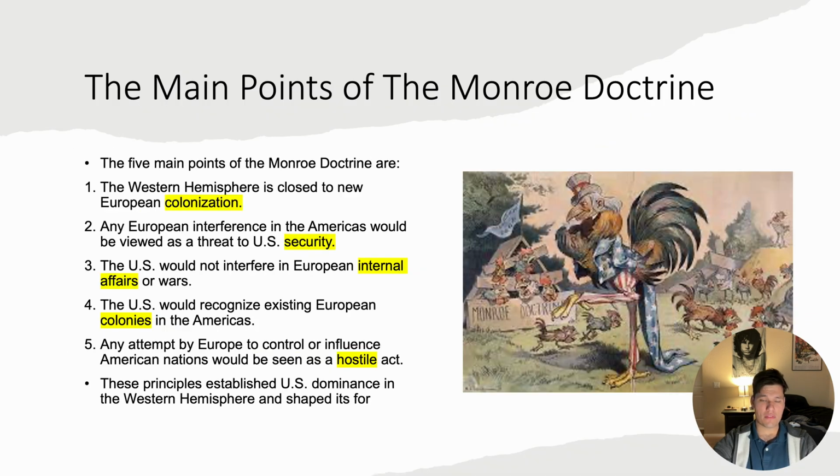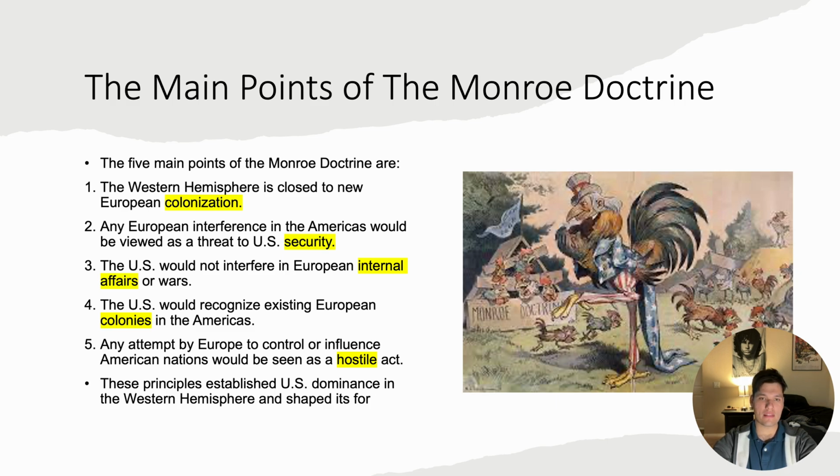Now we're talking about the 5 main points that I provided you guys, which is concerning the Monroe Doctrine. The first one being the Western Hemisphere was closed to new European colonization. Number 2 being that any European interference would be seen as a threat to U.S. security. The third one being the U.S. will not interfere in European internal affairs or war.